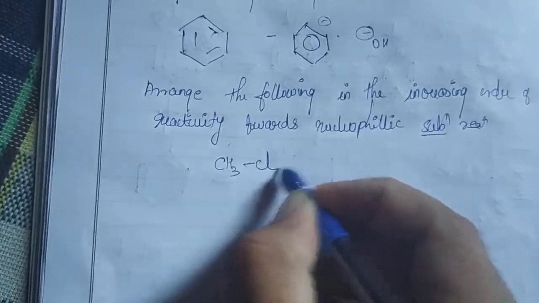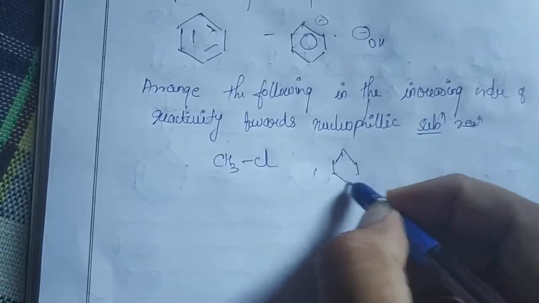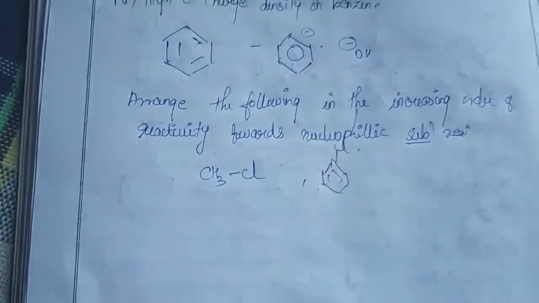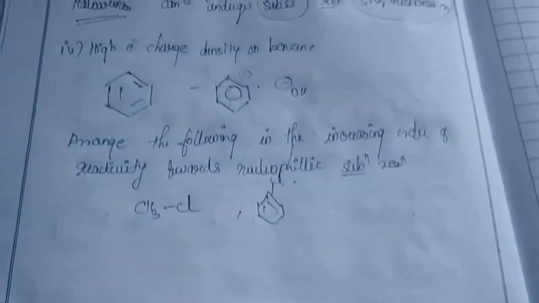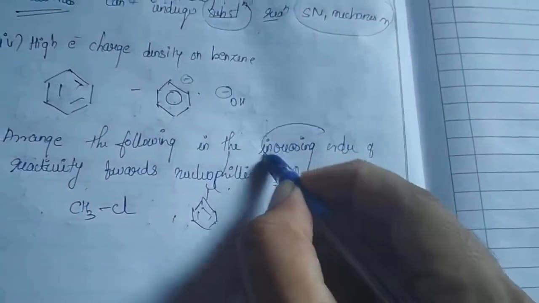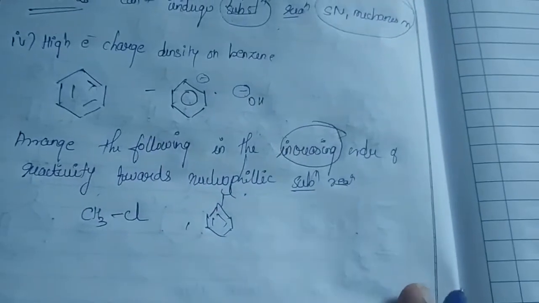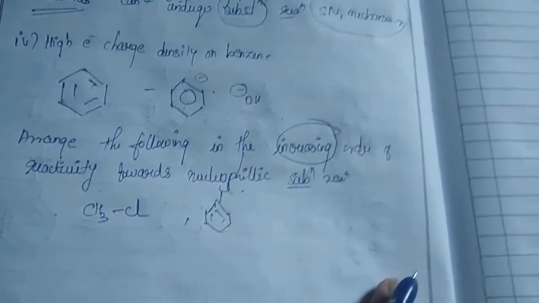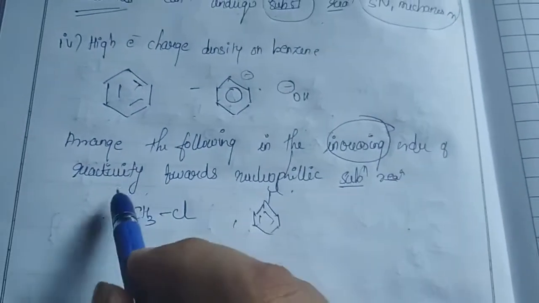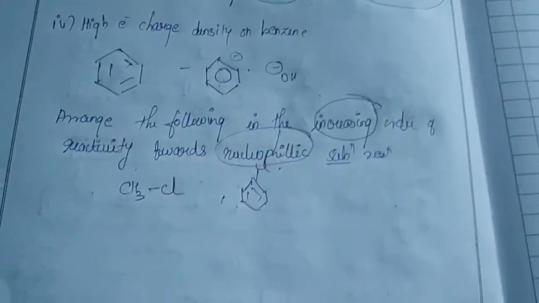One is your haloalkane and the other is your haloarene. Can you please arrange it? What is the question? They have said arrange the following in the increasing order. That is, at the last I should get the increasing reactivity compound towards your nucleophilic substitution reaction.